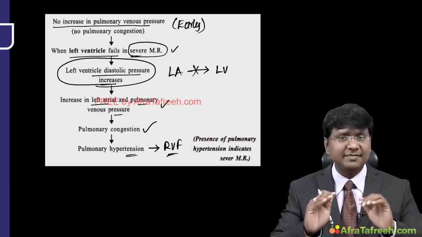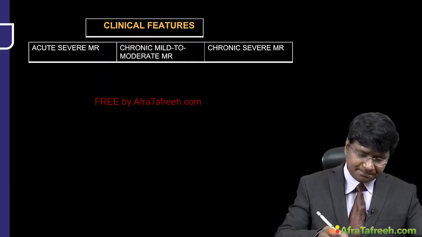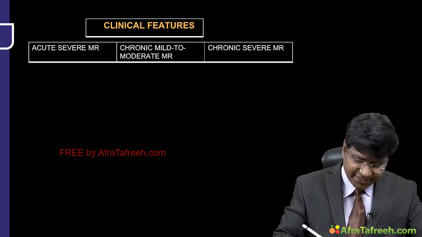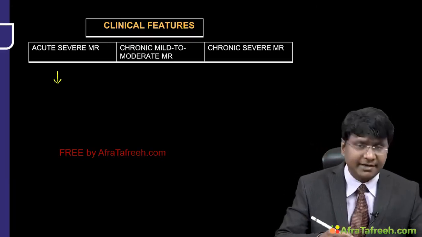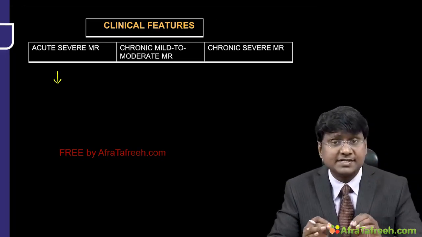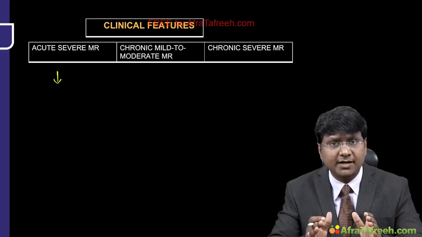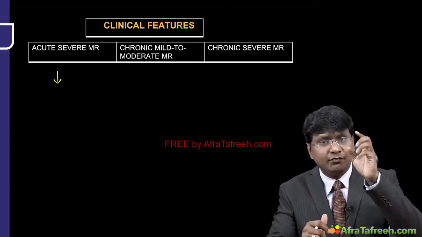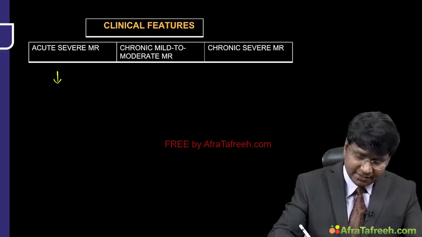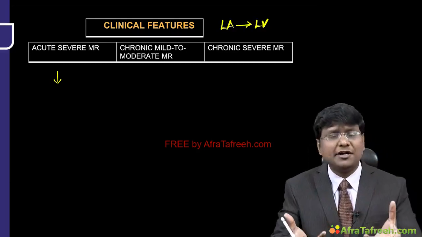Okay. Now, let me discuss the clinical features in patients with mitral regurgitation. Take acute severe MR, which will occur secondary to coronary artery disease. In acute severe MR, a large quantity of blood is moving from the ventricle to the left atrium. Now, the left atrium will again send back that large quantity of blood to the LV. So the LV is not prepared.